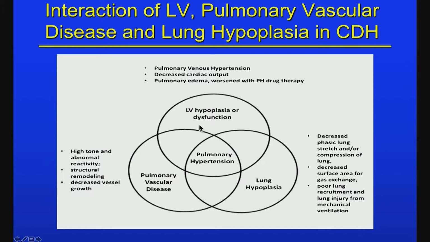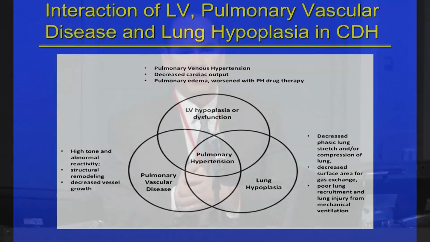But now I think we also have to focus on the relative role of the left ventricle in this disease. With pulmonary venous hypertension, decreased cardiac output, both structural and functional changes in the LV that are very difficult to manage. Pulmonary edema worsening with pH drug therapy. So there are not a lot of answers here. It makes the whole problem more complicated and more difficult to interpret, I think.